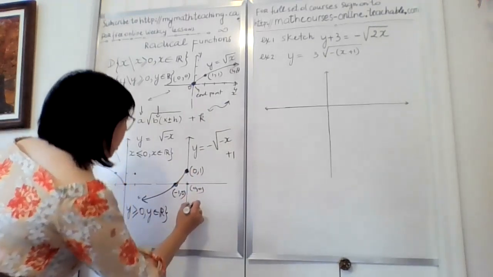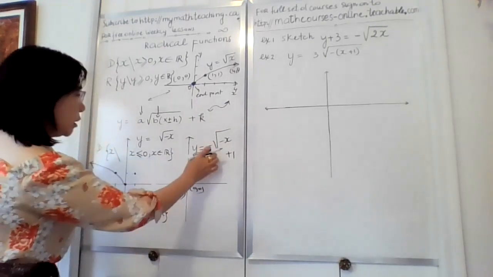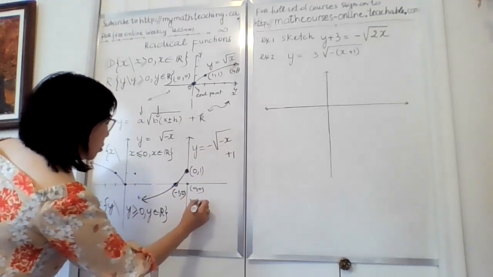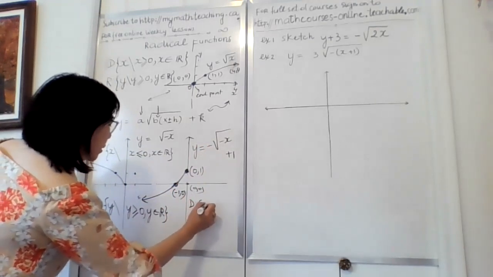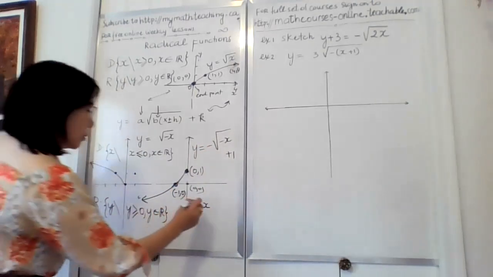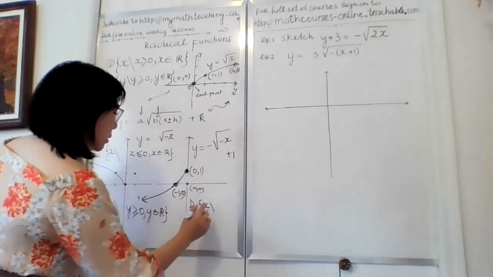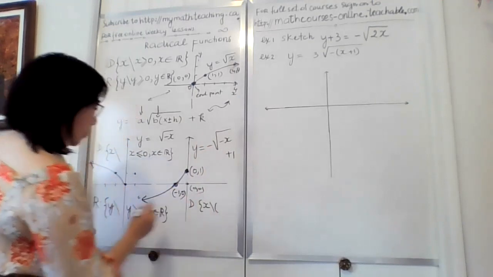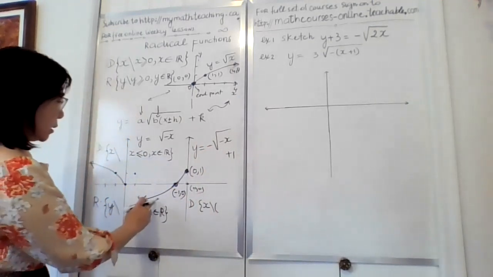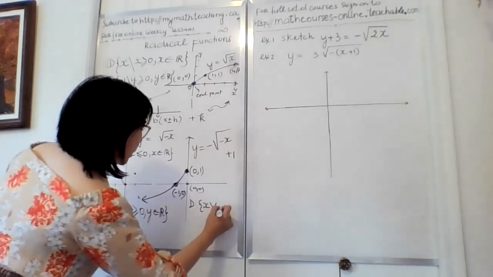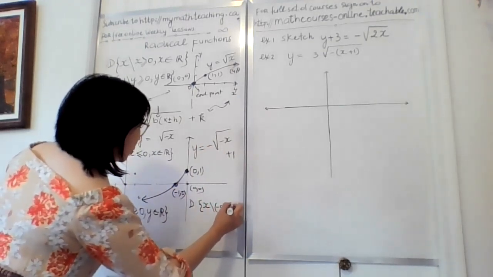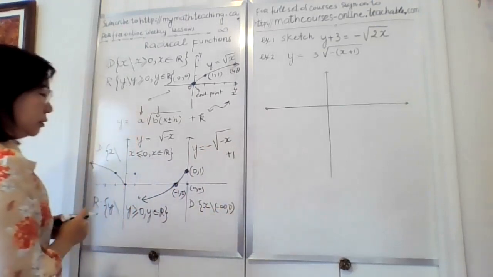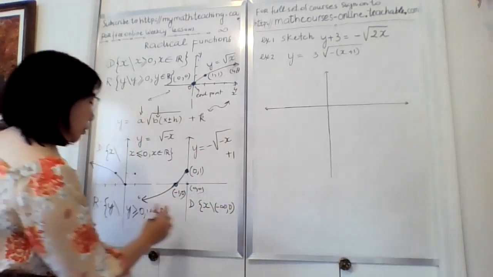So for this function here, you can also state the domain like this: a set of x such that x is from negative infinity to 0, and you close the bracket. You can state it like that as well.